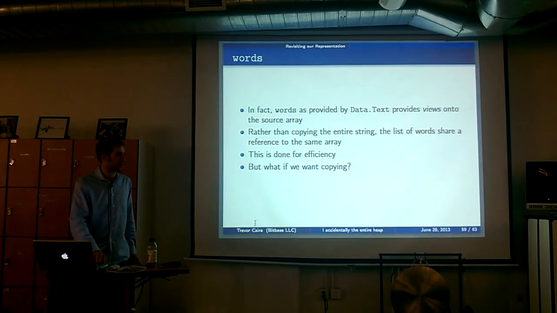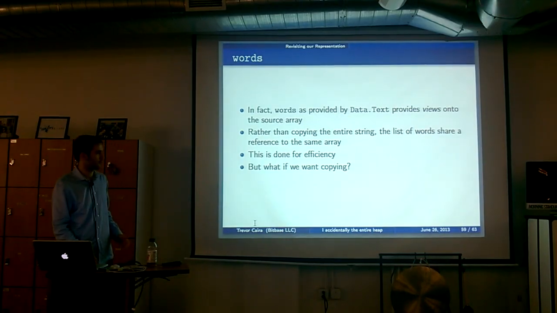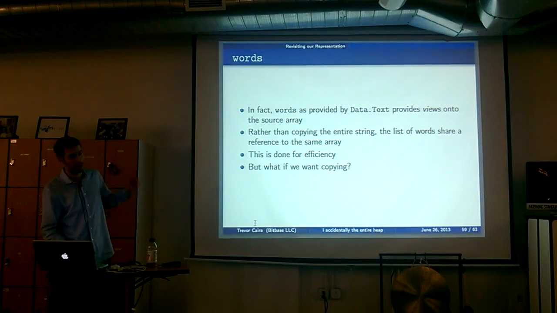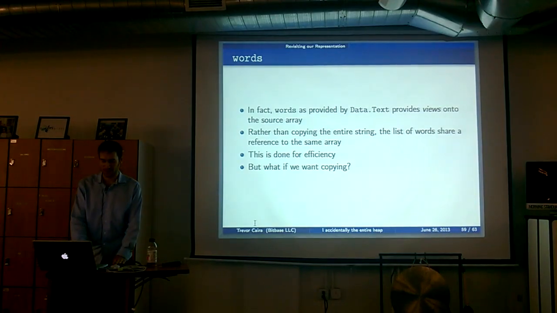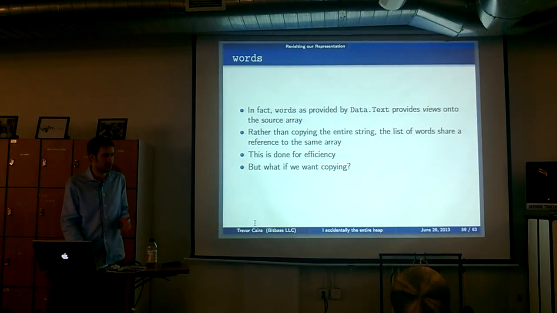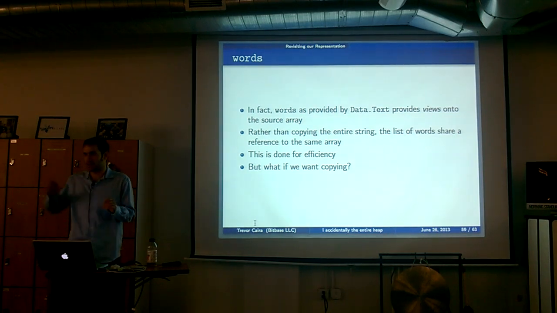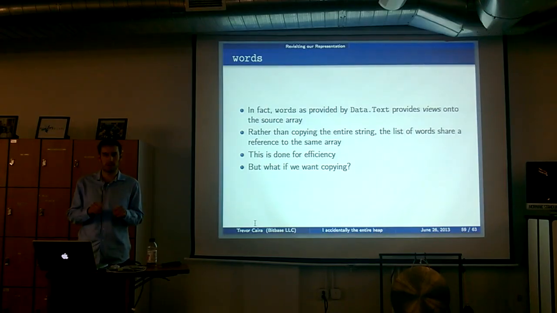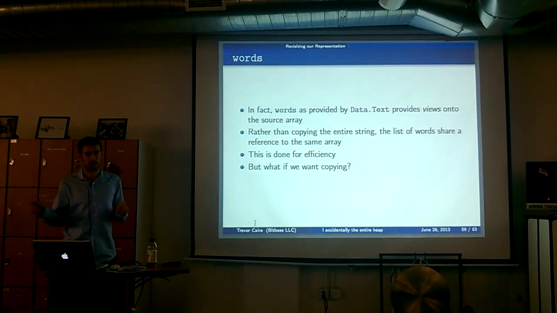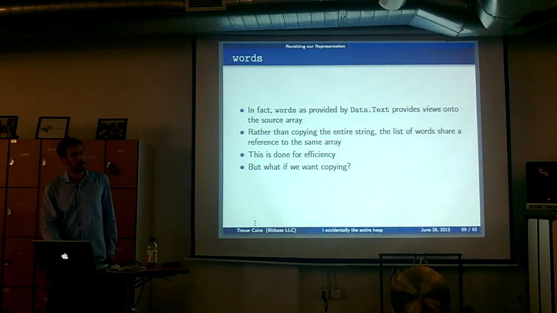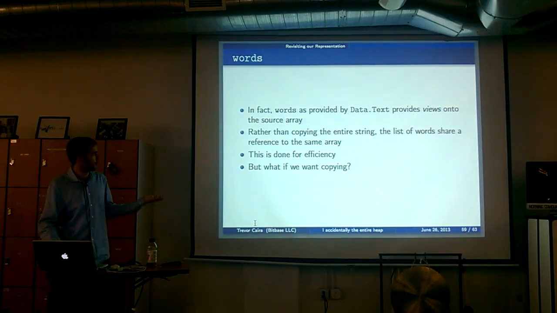It's good in a lot of ways that don't apply here. What we really want to do is copy those little chunks into their own little text boxes that we can feed into the index and have it store only one per word. So what do we got to do?